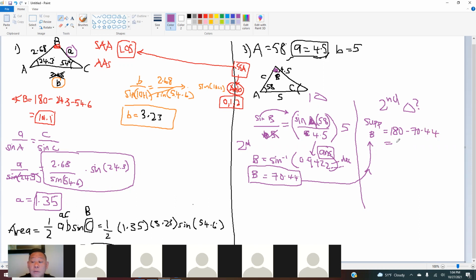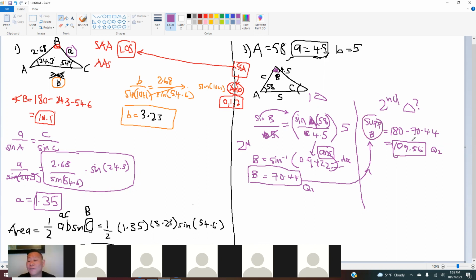Which is 109.56. The reason why we are doing this is because this is an SSA triangle, and sine is positive in quadrant 1, which is this 70.44, and sine is also positive in quadrant 2, which is this angle. And in order for you to find this angle, you have to find the supplementary of it.